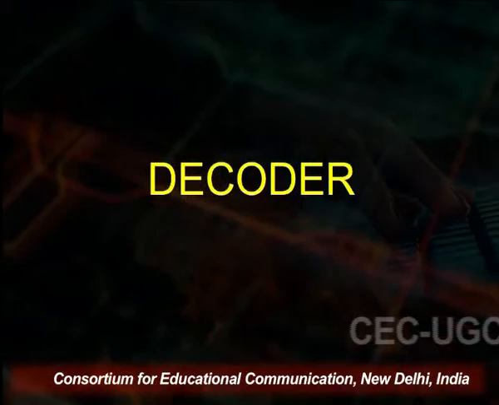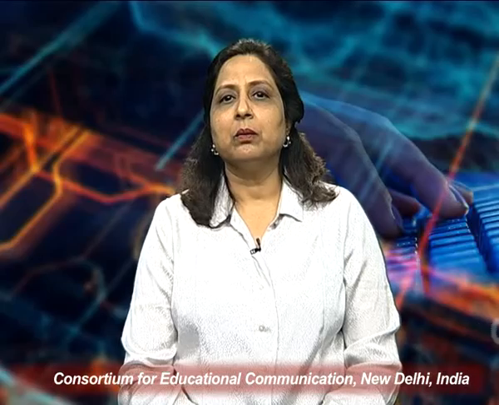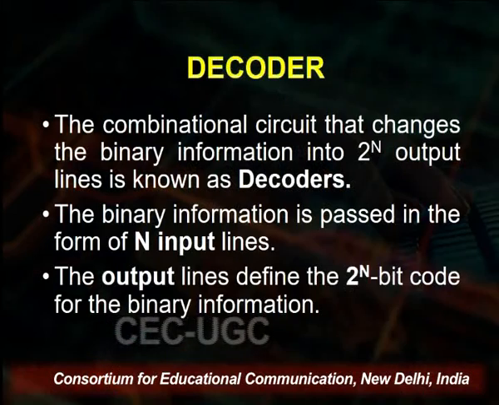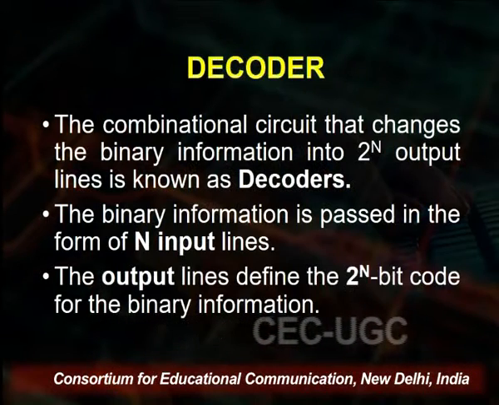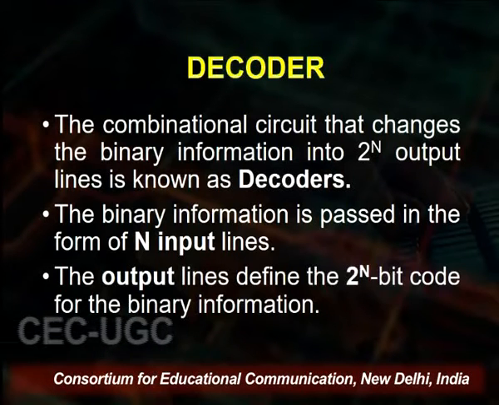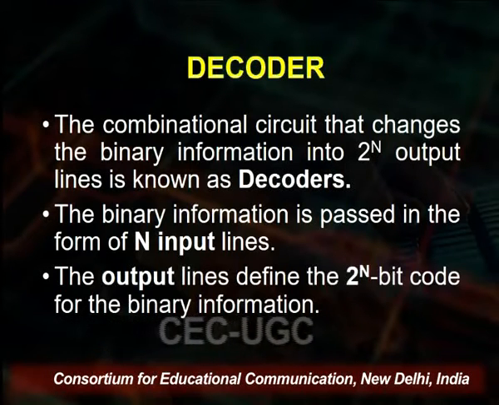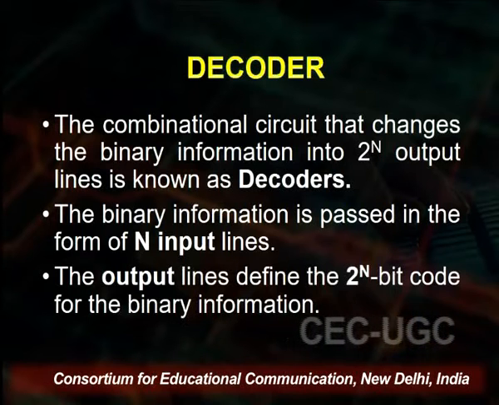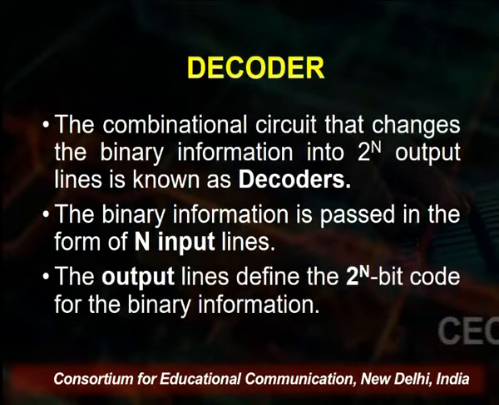Let's start off with the very first one, which is a decoder circuit. By the name it says decode, so it's a combinational circuit that changes binary information into 2 to the power n output lines, and that's why it's known as a decoder. The binary information is passed in the form of n input lines, and the output will be a 2 to the power n bit code for that relevant binary information that went in as input.